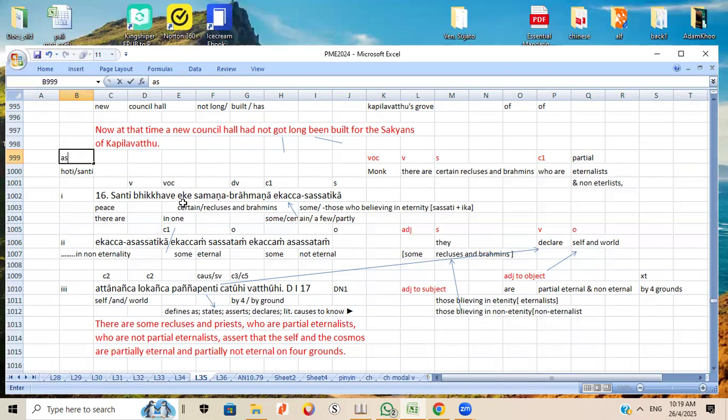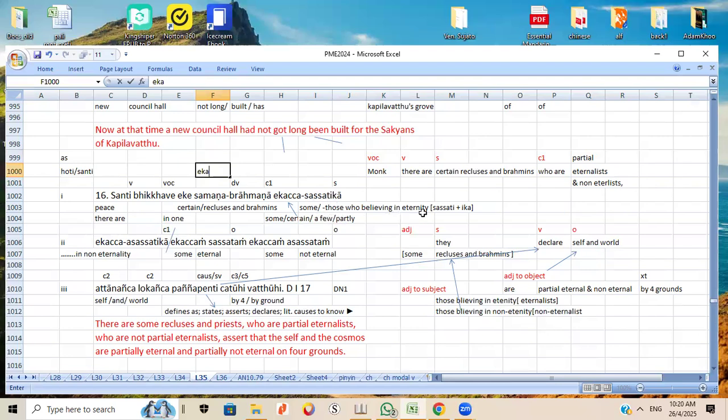Then you can see the AK. Normally AK is one, but in this particular case, it is not taken as one because it is taken as certain. There are certain recluses and Brahmins. This is Dwanda, Brahmin. All right. So this one, can you see, Sasastika.